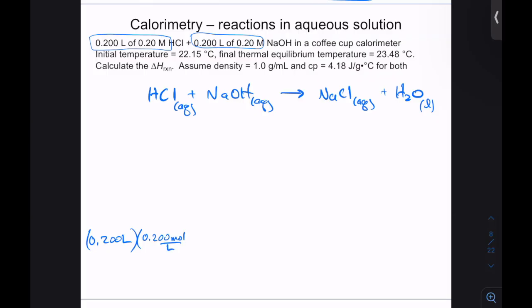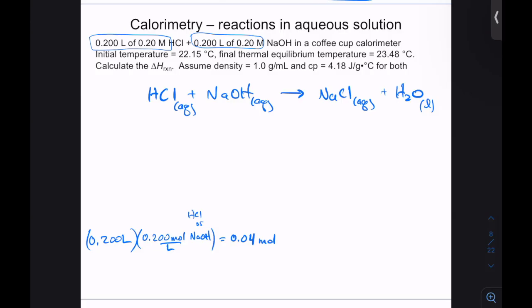And moles of HCl or moles of NaOH, it doesn't matter because these numbers are exactly the same. Either way, we're getting, what is that? 2 times 2 is 4, and we got point, so that's 0.04 moles. That's what's being reacted.